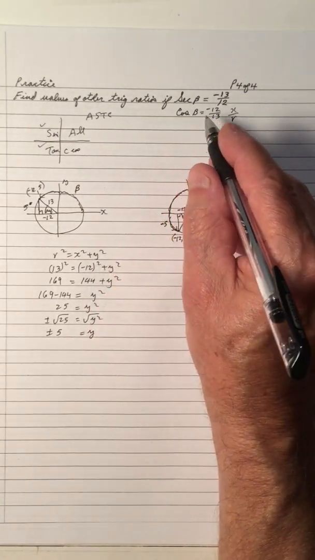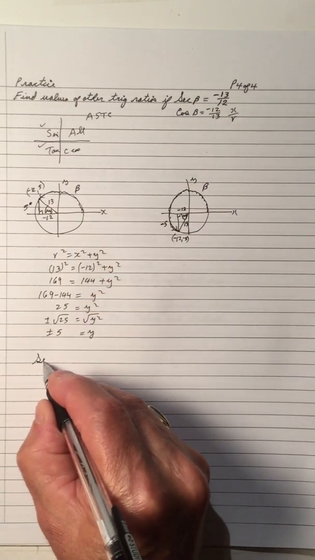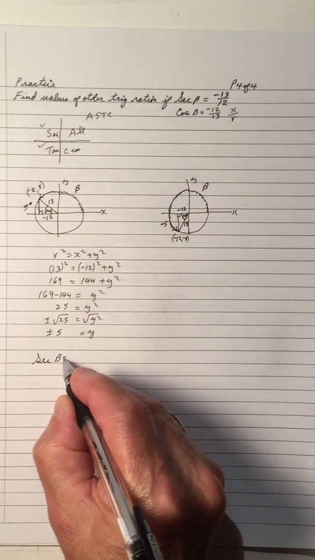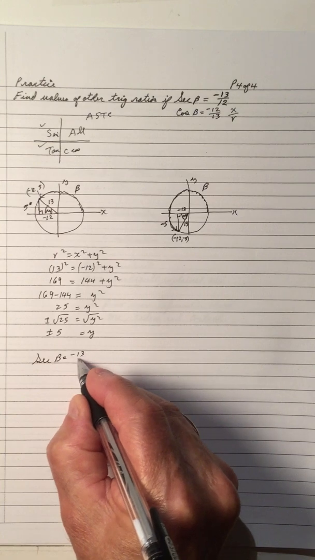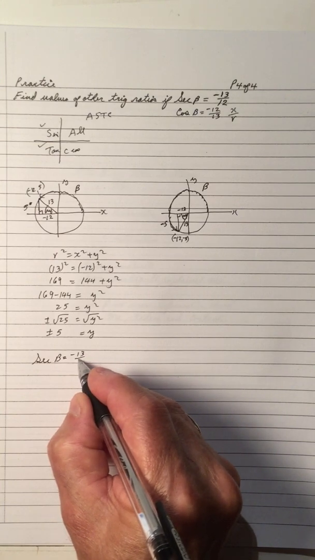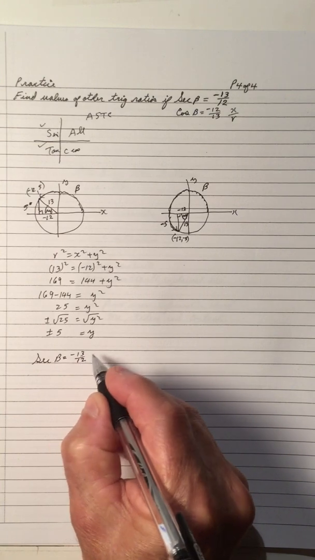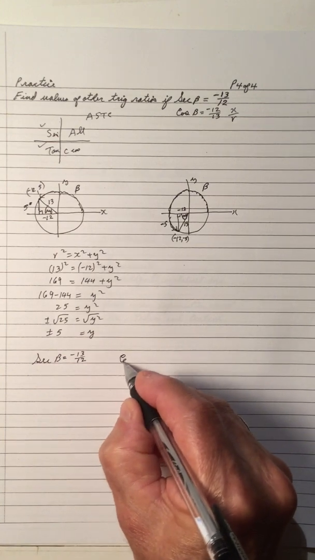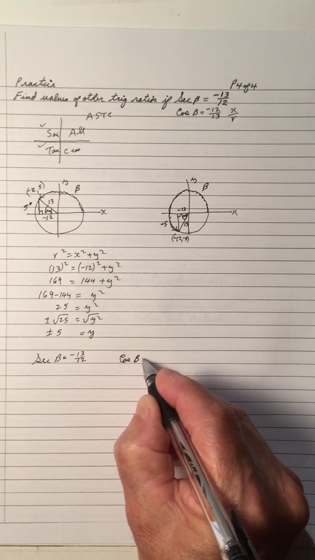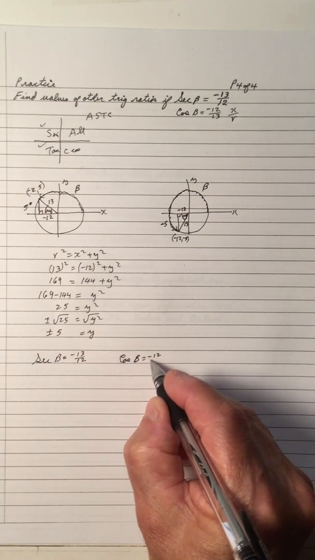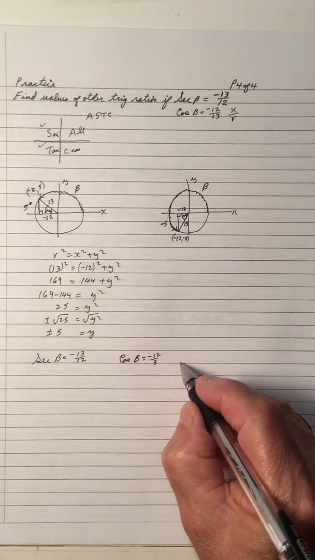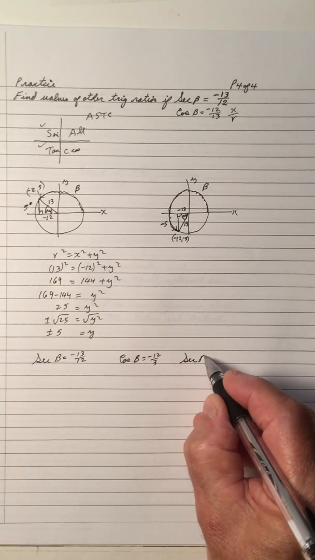So we have secant, which is what we're given. Secant beta is negative 13 over 12. So its reciprocal is cos beta, which is negative 12 over 13. And that's true for both diagrams.